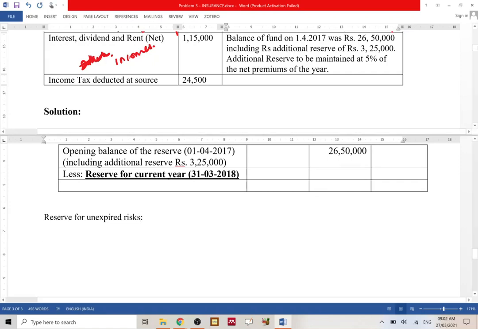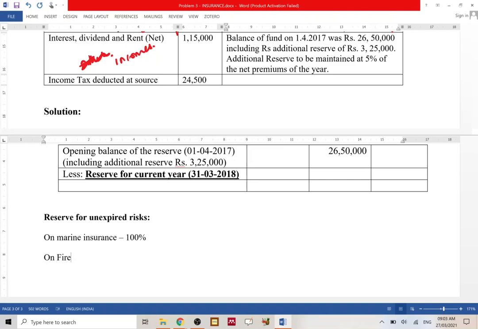So reserve for unexpired risks, when not provided in the problem, you have to consider on marine insurance, it has to be 100% even if not given in the problem, and on fire, cargo or any other type of miscellaneous insurance, you have to maintain it at the rate of 40 to 50%.